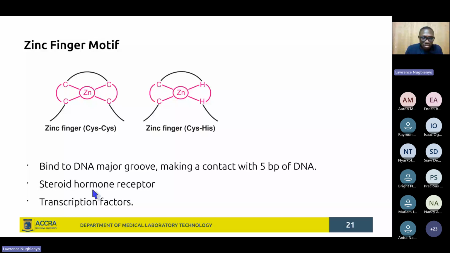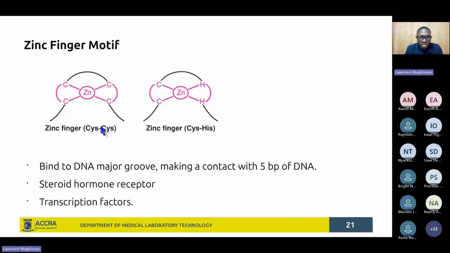And there, the interaction it has with the nuclear material is with the zinc finger.